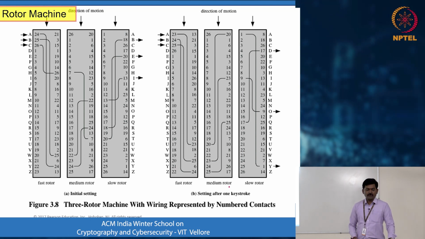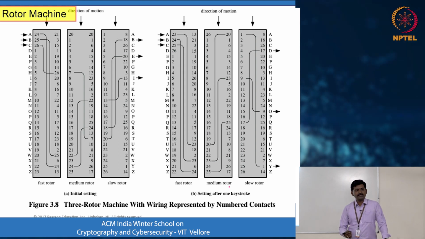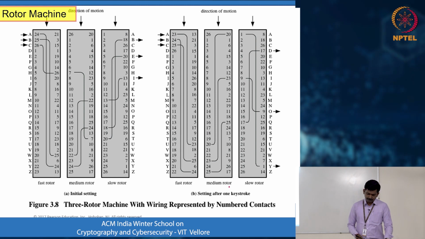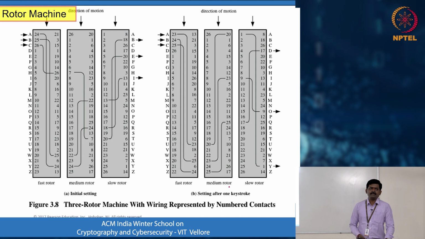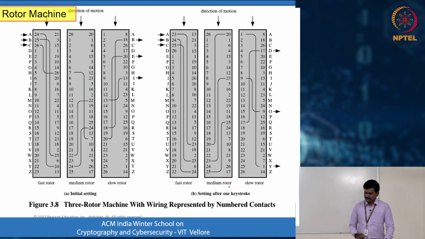Now look at this. This is called a rotor machine, which is part of the cipher machine that was used in the Enigma. Okay. So again, there is no mathematical logic or anything. There are typically 3 rotors in that machine.